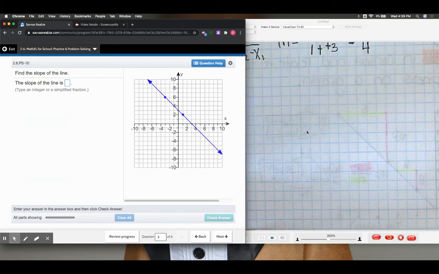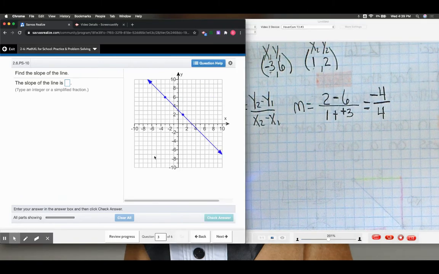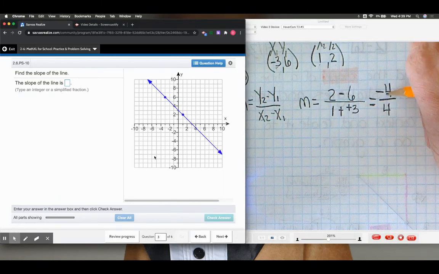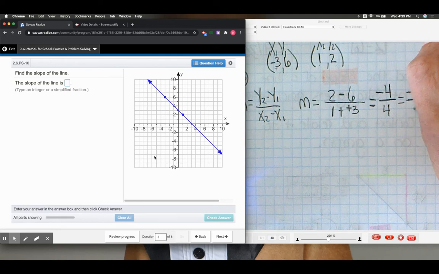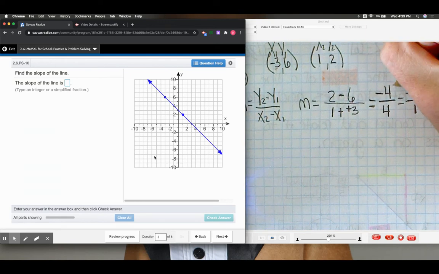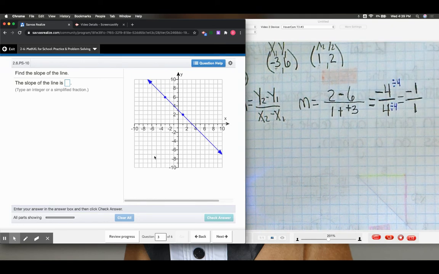We can simplify this fraction. If we divide both the top and the bottom by 4, it becomes negative 1 over positive 1. Again, that would be divide the top by 4. This is simplifying, divide the bottom by 4. And then one more step.